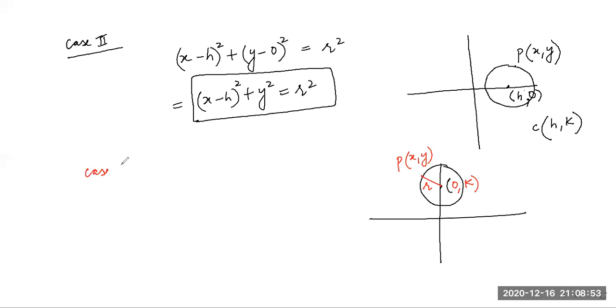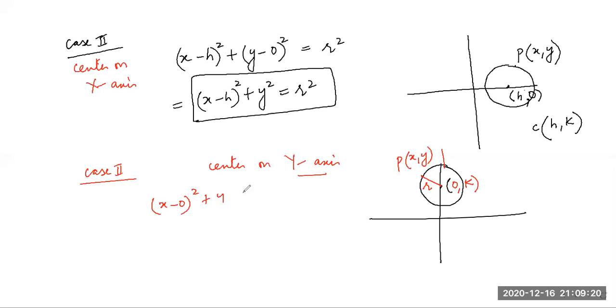Case 2, when circle is having center on y-axis. So here it will be x minus 0 whole square plus y minus k whole square is equal to r square.